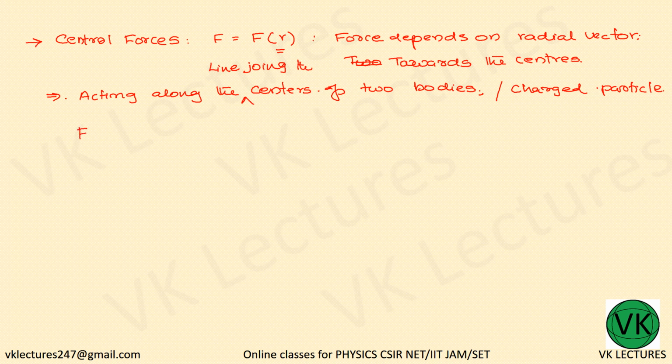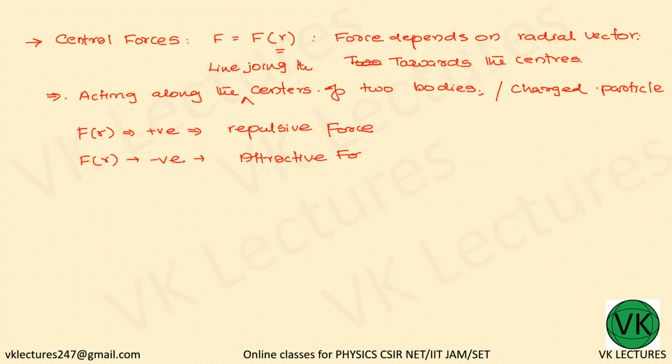f of r is positive, it gives us a repulsive force. While if f of r is negative, you have attractive force. Good examples are minus GMm by r square r cap.